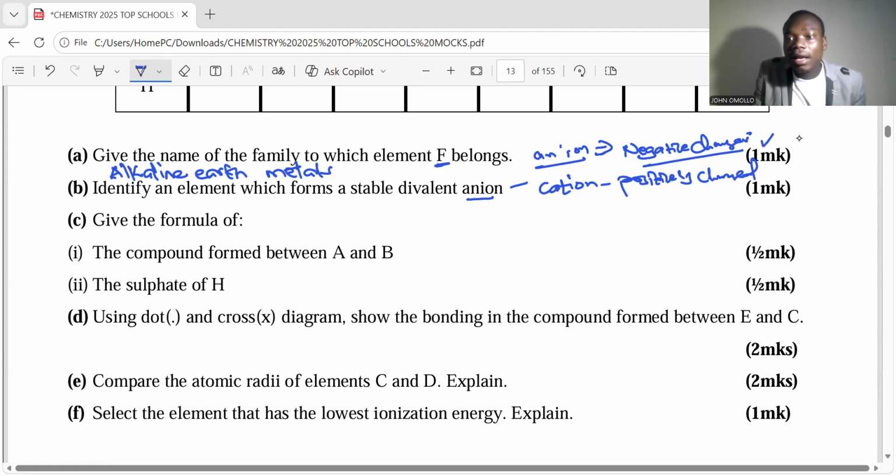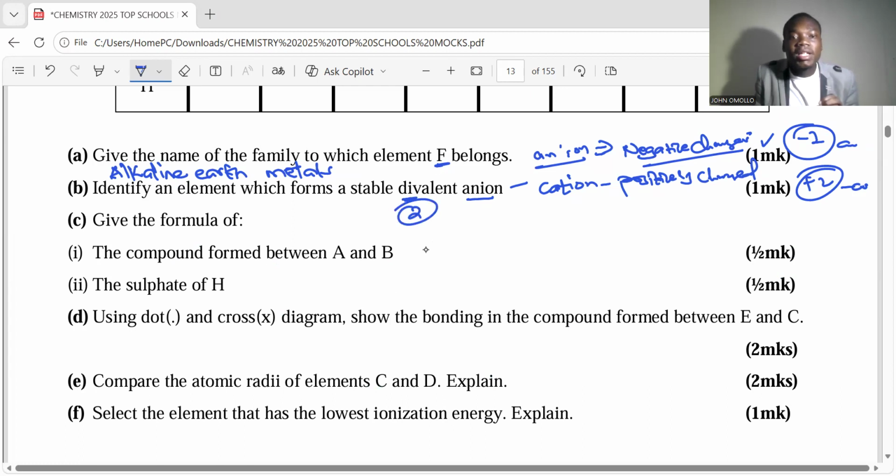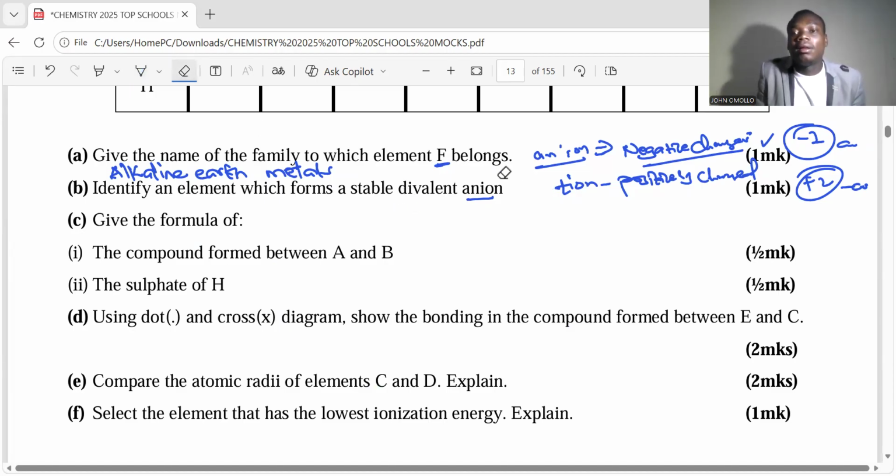So for instance, I have -2 and +2: this one is a cation and this one is an anion. Di means 2, so those particular elements with two negative charges are what we call a divalent anion. So let's dive to the periodic table.